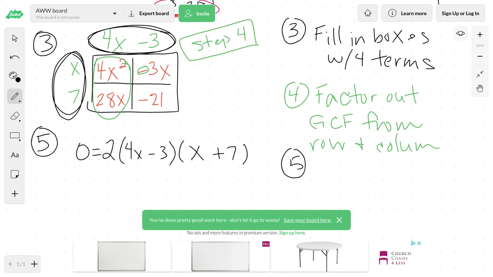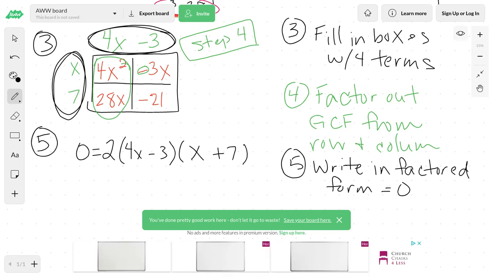So for our step, we're going to say, write it in factored form and make sure it's equal to 0. Okay, so we have it in factored form.